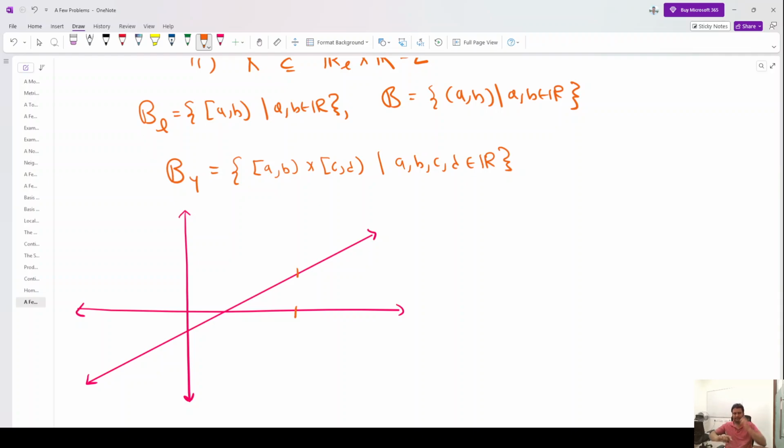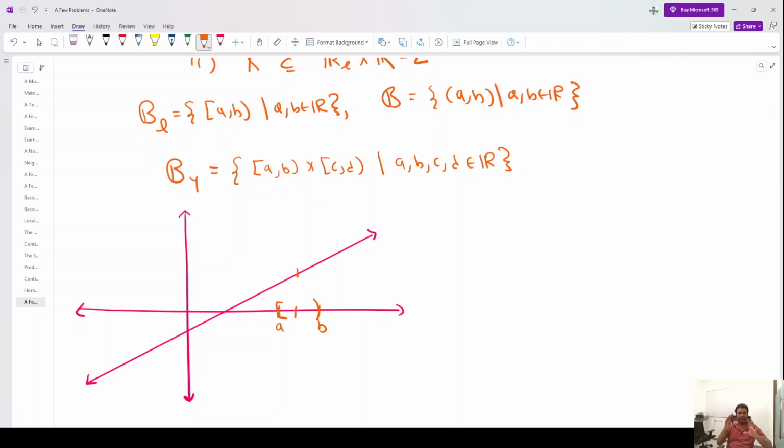Now you know how the basic open set is there. So let's take something here, say A and B. So this is your A, and B is this. And let us take this cross product with some interval CD. That's the basic open set I'm looking at in the ambient space, meaning Y here.